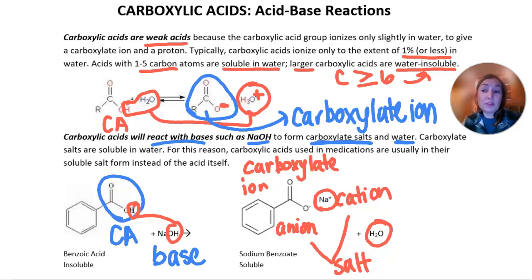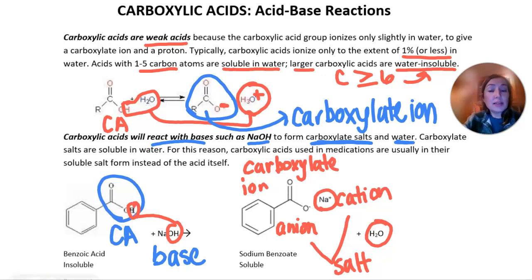So we have this acid-base reaction: acid and a base make a salt and water. This is our characteristic acid-base neutralization type reaction. We just need to be able to recognize this as a salt, where we have the carboxylate ion with some sort of counter positive cation, and also producing water.